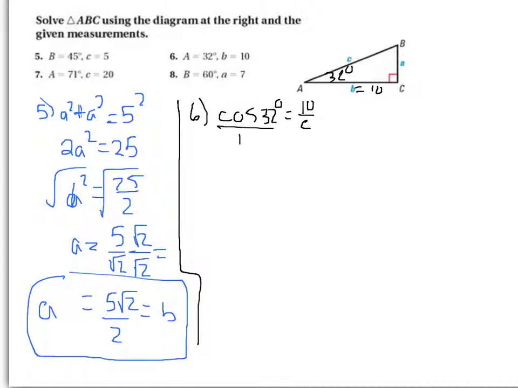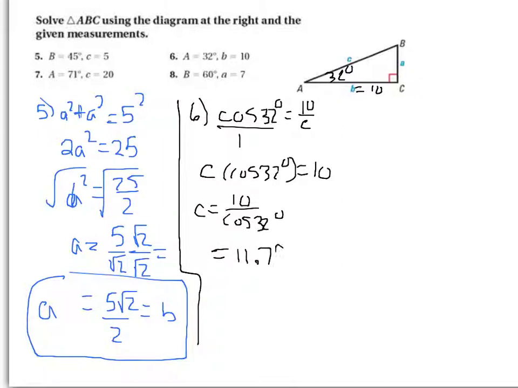Well, first thing I would do is cross multiply, so I'd get C times the cosine of 32 degrees equals 10. Then divide, so C is equal to 10 divided by the cosine of 32 degrees. So it would be 11.79.